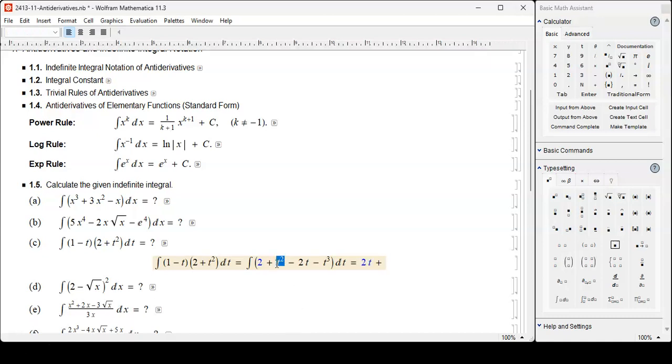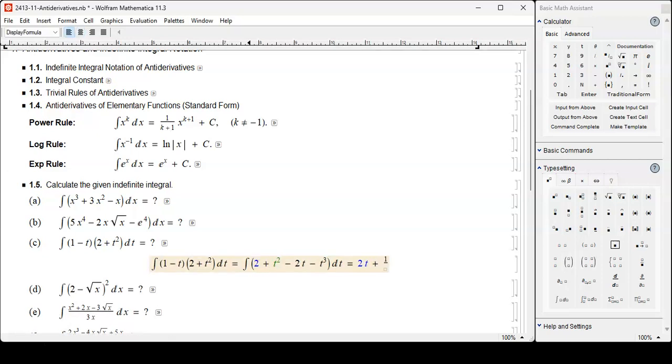And then next t squared, 1/3 t to the third power, green. And then this minus 2t, minus 2 was there before, add 1 to the power and divide.